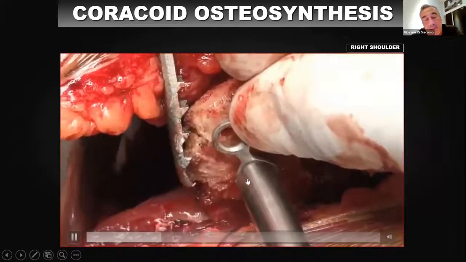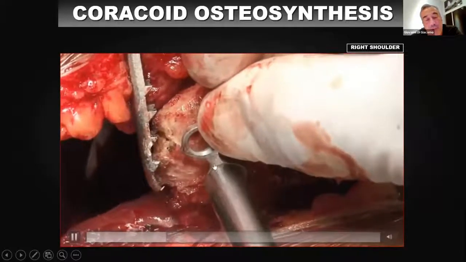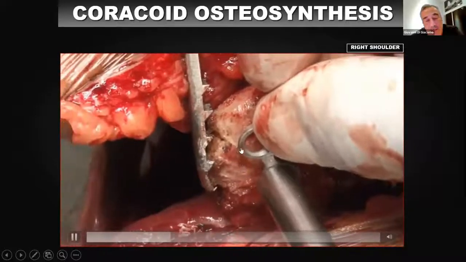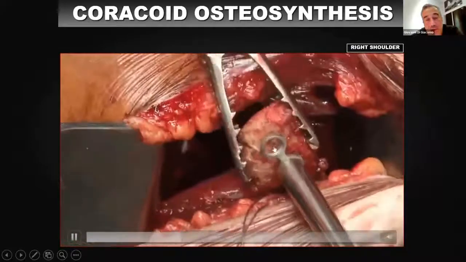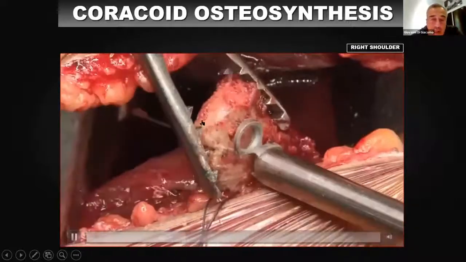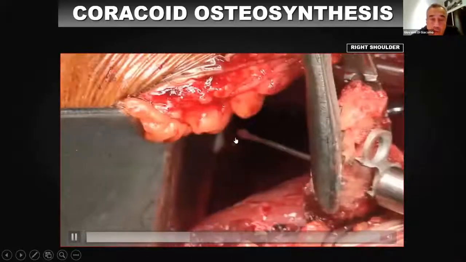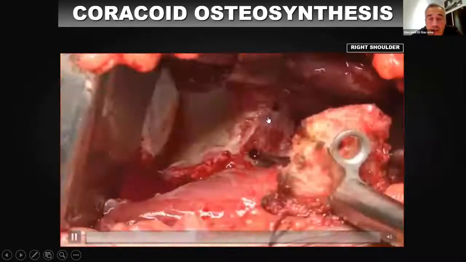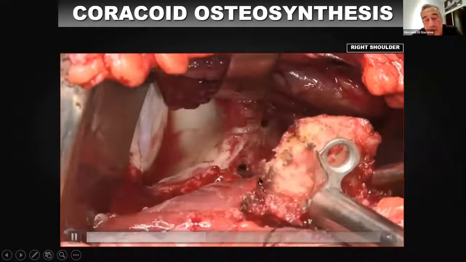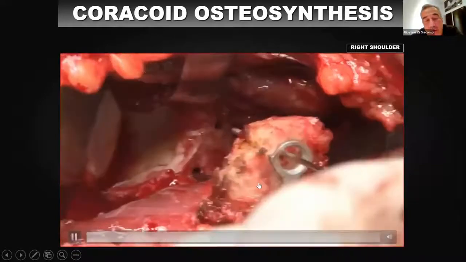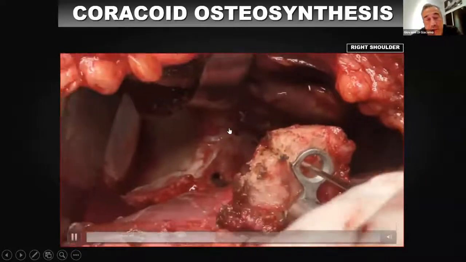You can see now, we make a compression of the plate on the coracoid. We introduce a K-wire through the joystick, through the plate, through the coracoid, and we look for one of the 2 inferior holes that we made on the glenoid, with the same technique that we made the hole on the coracoid. I insert the K-wire here and another short K-wire superiorly.